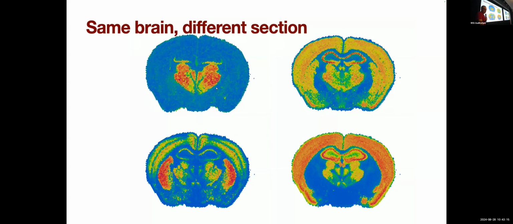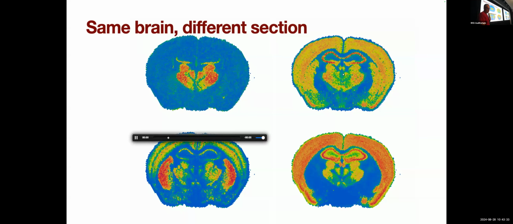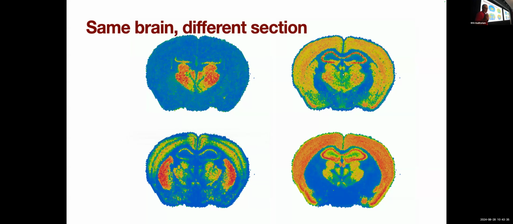So you can do it within a single brain. What we're looking at here is a section of a brain compared to another section, at the beginning and the end of the sequence. And that's for one gene. I think we were using in the registration something like 30 genes, a selection of the set of all genes that are available to MERFISH. And so you can do that with different genes.